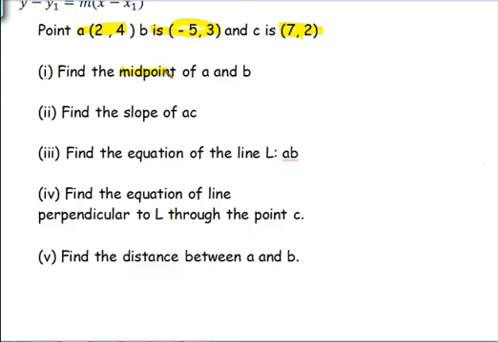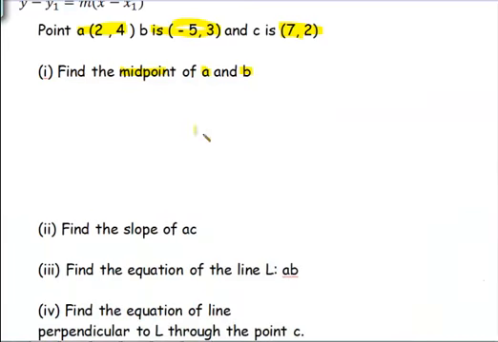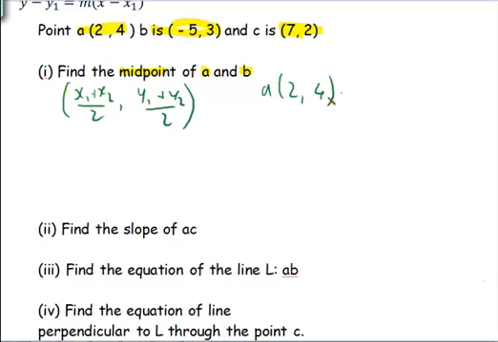Now when you're looking for the midpoint of AB, first things first, you want to write out the equation. So the midpoint formula is, and I'm just going to write it in here, x1 plus x2 over 2, y1 plus y2 over 2, and we know it's A and B, so A is 2, 4, B is minus 5, 3.